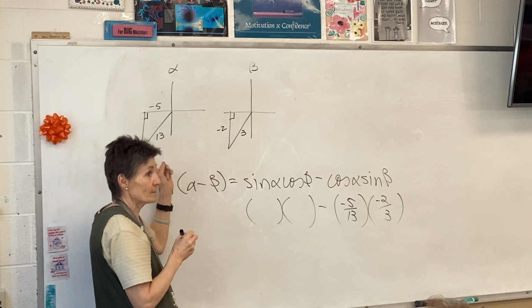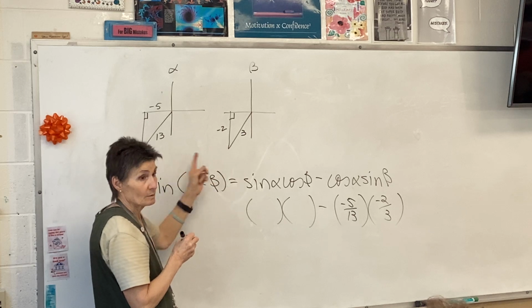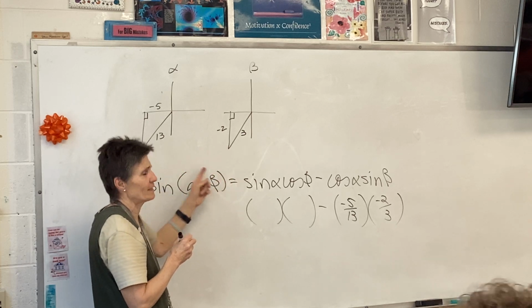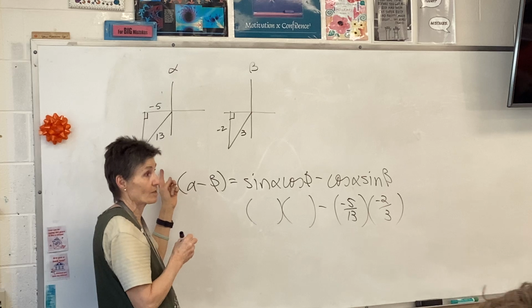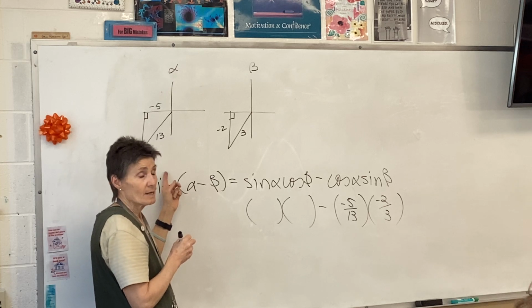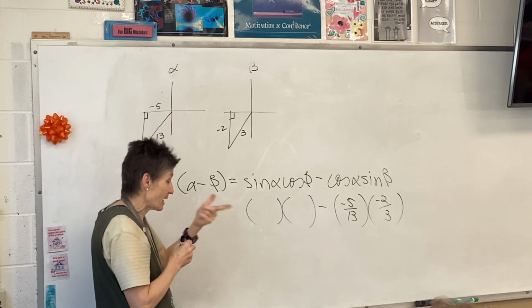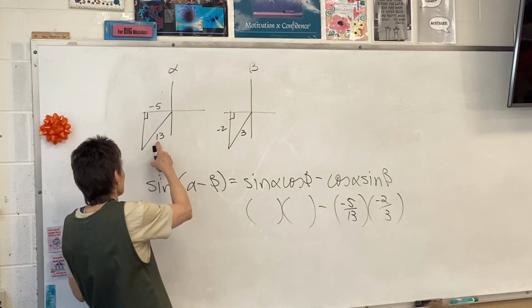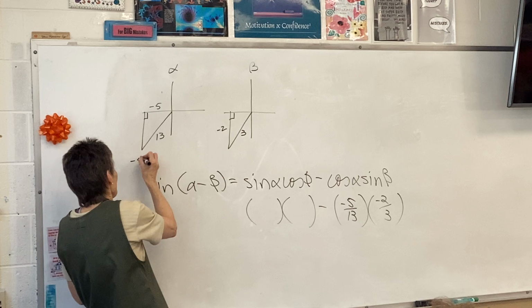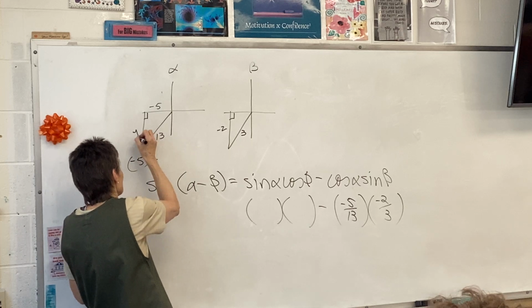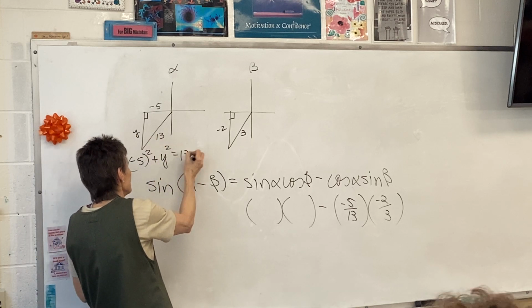Now, how am I going to find these? What kind of triangles are these? They're not 45, 45, 90 triangles. They are right triangles though, right? And what can I do to find pieces of a right triangle? Pythagorean theorem. So this one says negative 5 squared plus y squared is 13 squared.